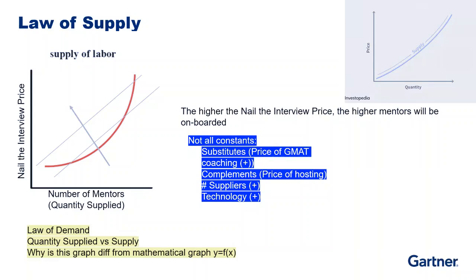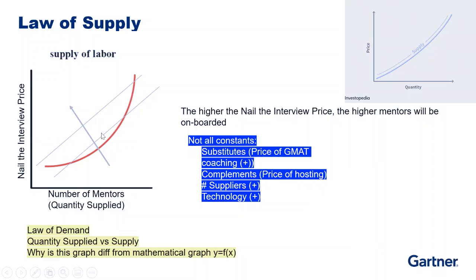Then a lot of my mentors who are with me right now will go away from me and start teaching GMAT courses. So if my substitutes are doing well, my quantity supplied, which is the number of mentors I have, will go down. At the same price that we are offering, a lot fewer mentors are joining me.